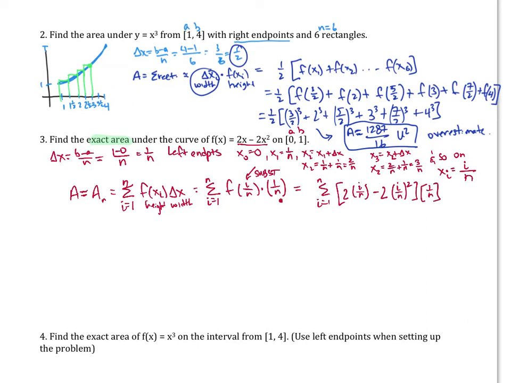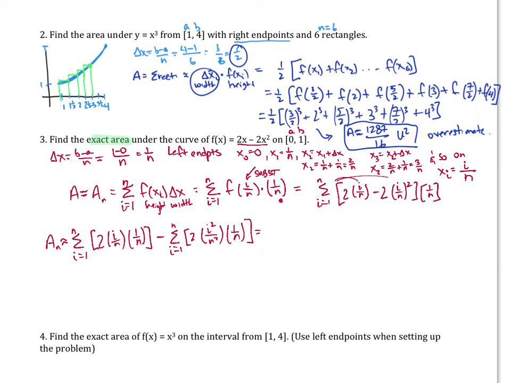All right, let's see if we can clean this up a little bit at this point. A sub n is approximately the sum from i equals 1 to n, and this will be 2 times i over n times 1 over n, and look what I'm doing, minus, I'm going to distribute this summation, minus the sum from i equals 1 to n of 2 times i squared over n squared, times my 1 over n.